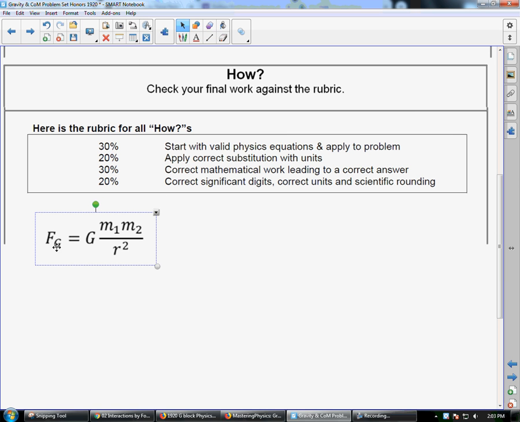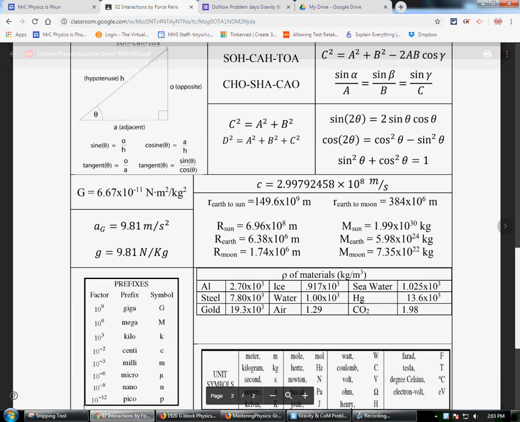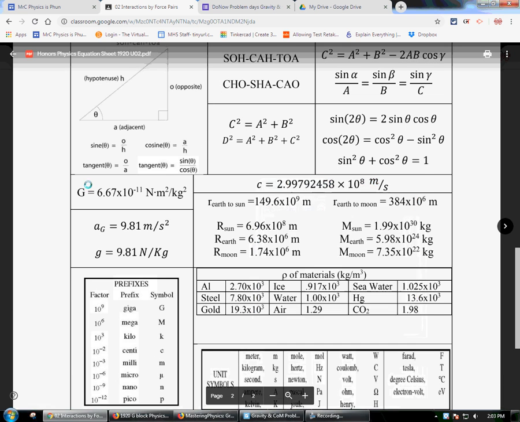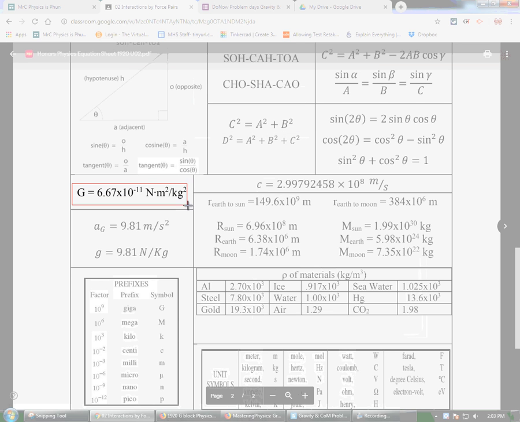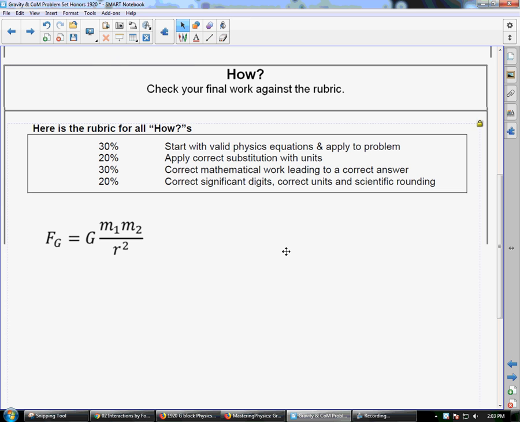That tells me the gravitational force is the universal gravitational constant, the two masses, and then, remember, R stands for the distance between their centers. Oops, I need the universal gravitational constant also, so I'll go to the second page of my equation sheet and grab that. There we go, we got that.